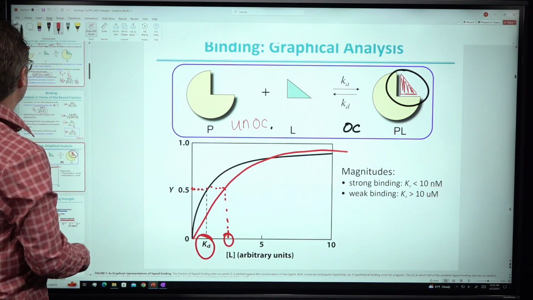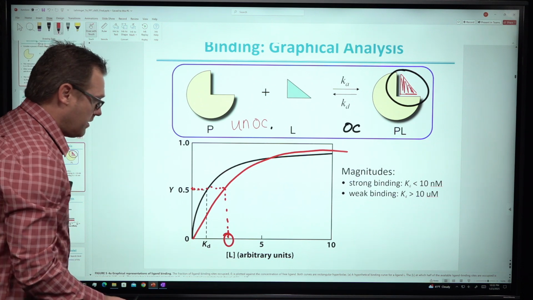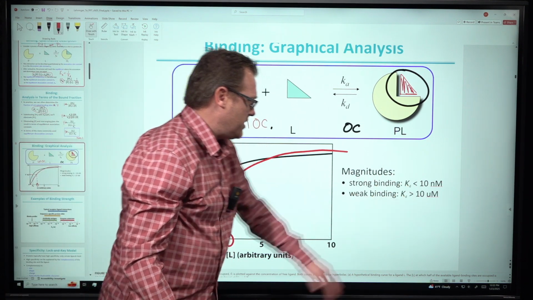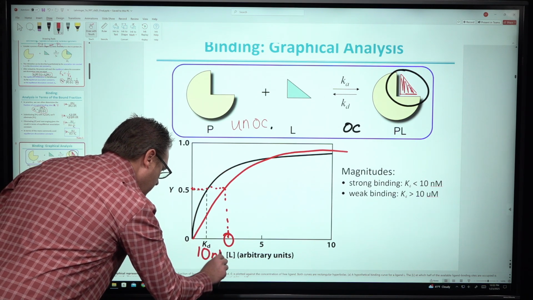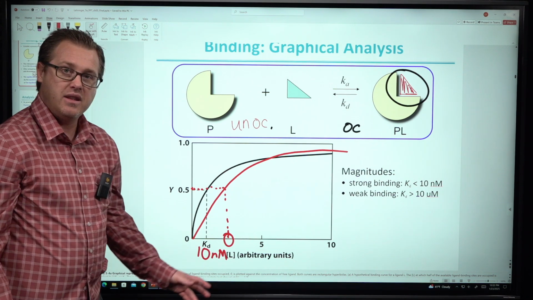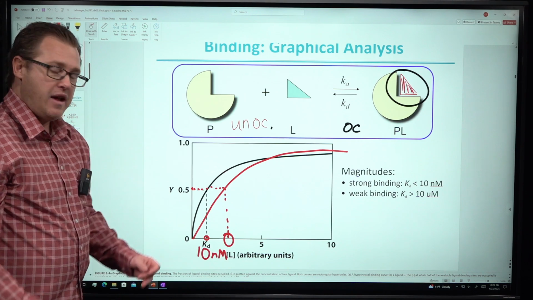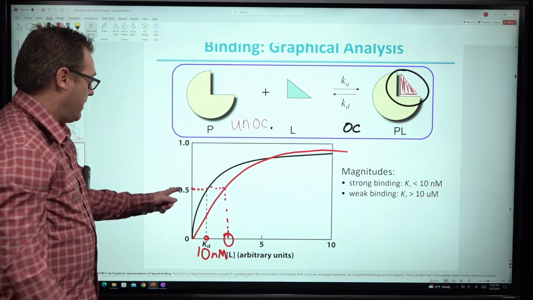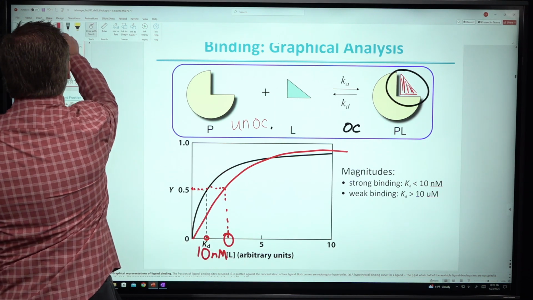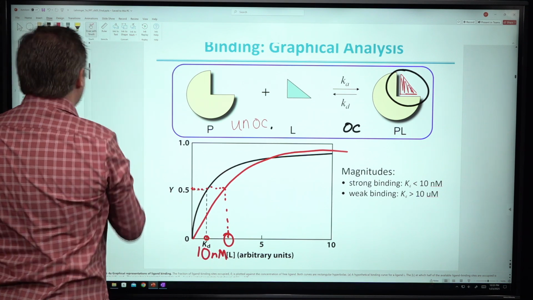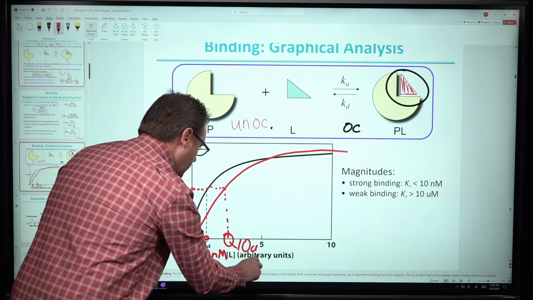So we can interpret this using these numbers. This KD is 10 nanomolar. That's the concentration of the ligand at this point. And if you add 10 nanomolar, you get 50% binding. But this one right here, let's say is 10 micromolar.